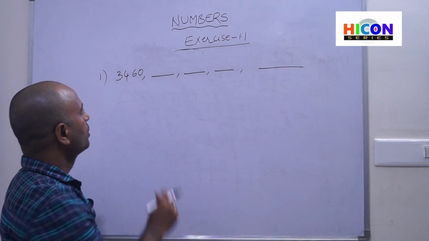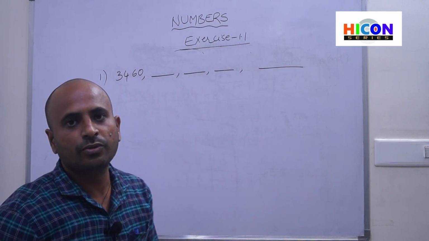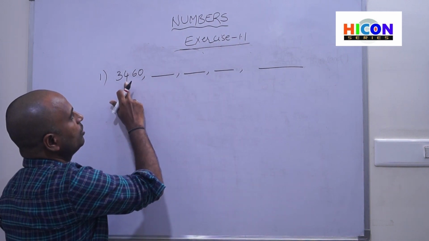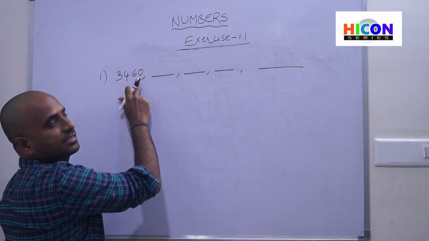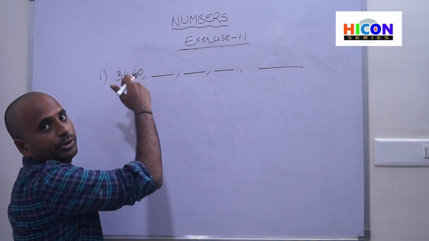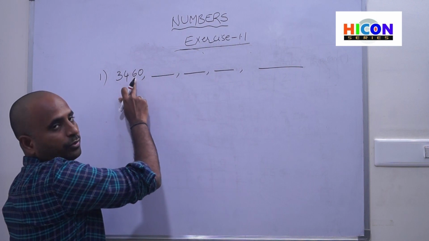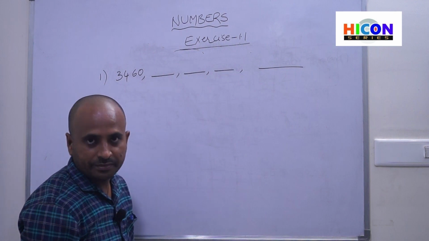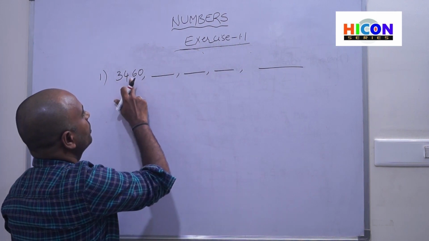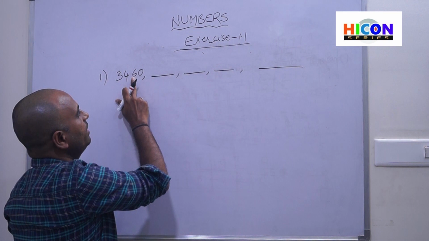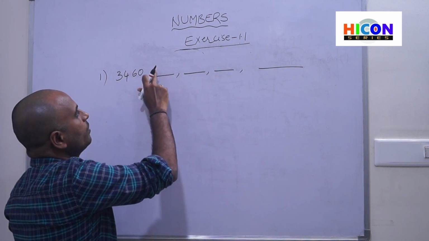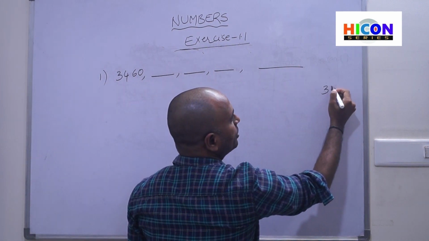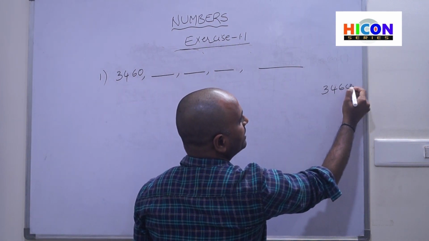So here count by 2. That means you have to add 2 for every number. So count by 2, 3460, and count by 2 means add 2 for the given number and write the answer number. So the given number is 3460.